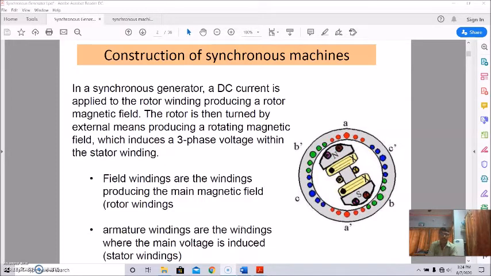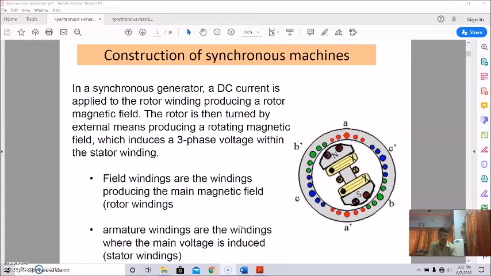In a synchronous generator or alternator, a DC current is applied to the rotor winding, producing a rotor magnetic field, and the rotor is then turned by an external means, producing a rotating magnetic field. Basically, this external means is what rotates the rotor.